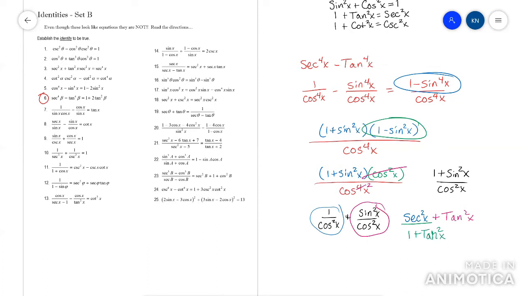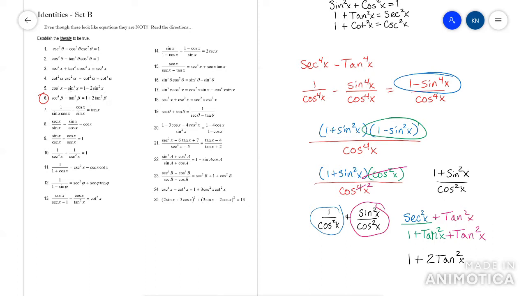So you have 1 plus tan squared plus tan squared, which is 1 plus 2 tan squared, which is what they wanted. So I would be done.